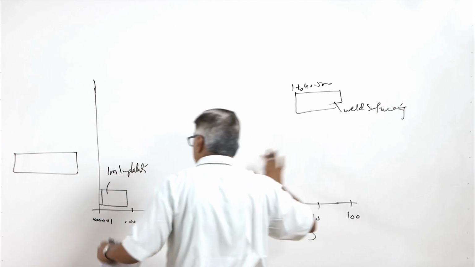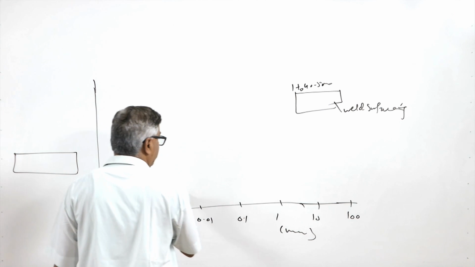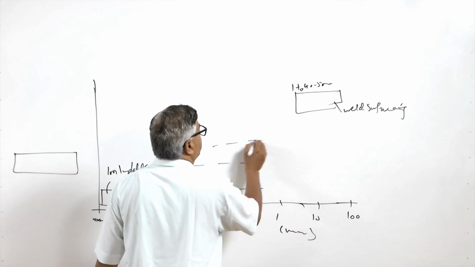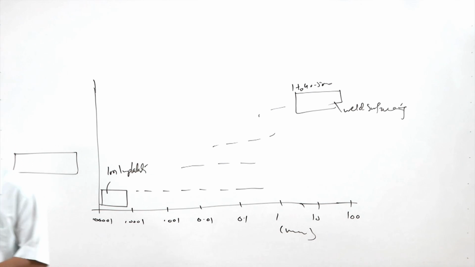So between these we have a very wide range of processes with varying capability to modify the surfaces up to different depths. This is what we can see from this diagram also.